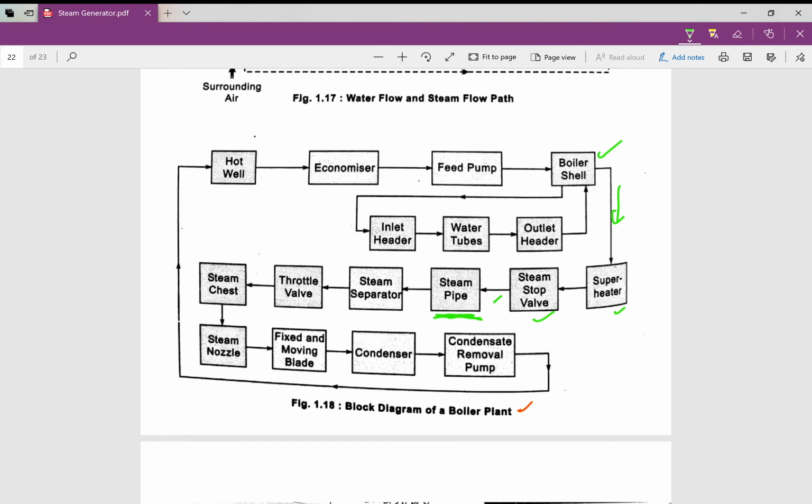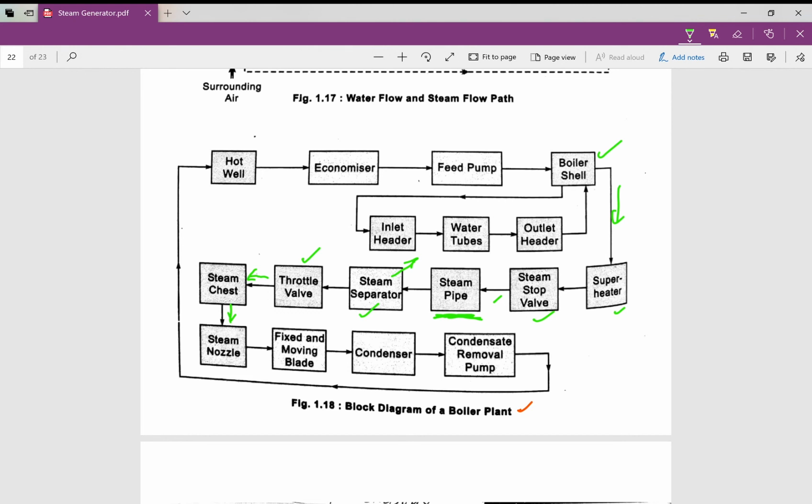It should not have water particles. If it has, then a steam separator is located that separates steam from water particles, and then it goes to the throttle valve where throttling takes place at constant enthalpy. Then it goes to the steam chest, then to the steam nozzle.